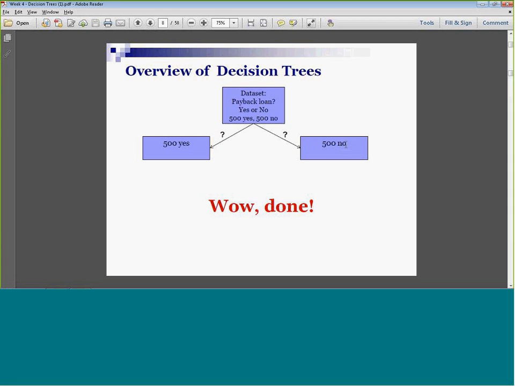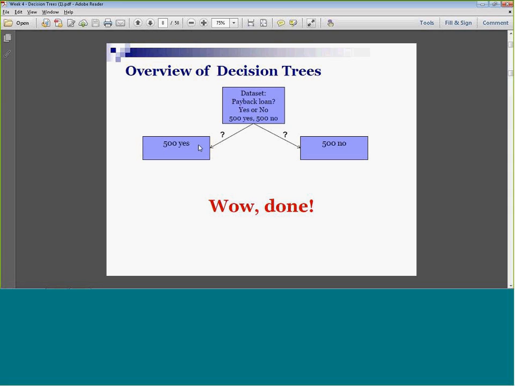Guess what? You're done, because you have found a feature, again, we don't know what it is because this is not a real case, that has completely separated our mixed data set into two homogeneous sets.